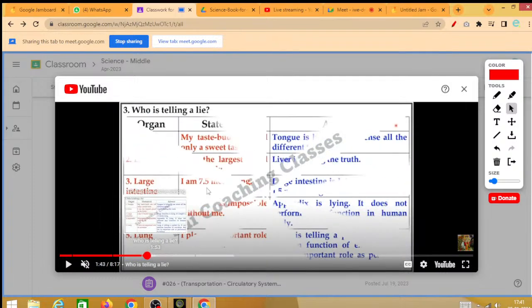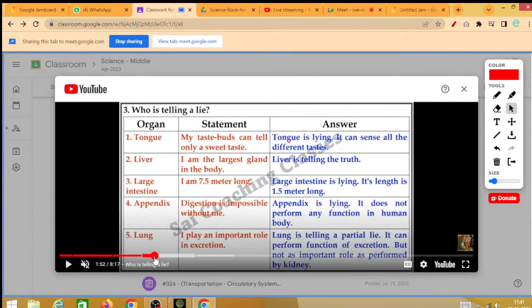Okay, now Yukti's turn. Read this third question. This is basically true and false. I have given the answers also.